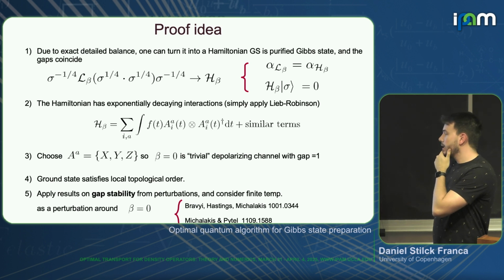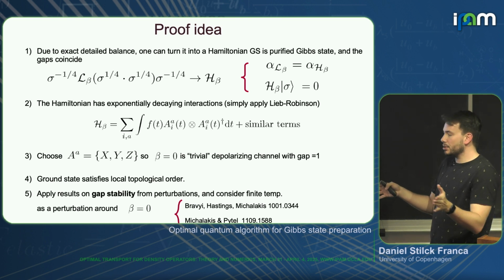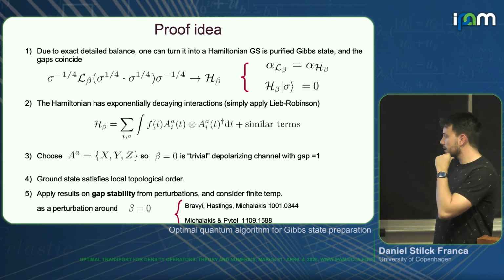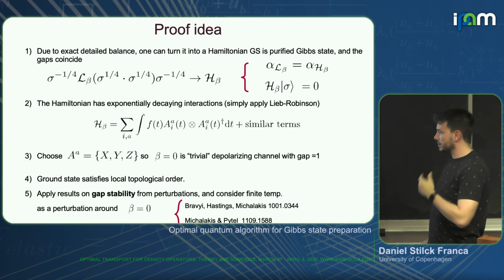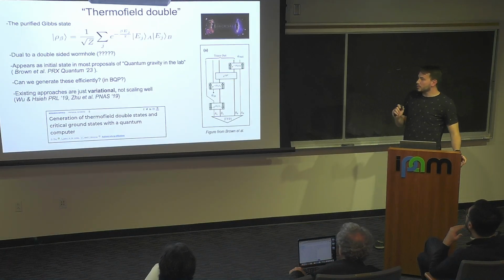So we can essentially interpret high temperature as a perturbation of the beta equals 0 case and get the gap for these evolutions.